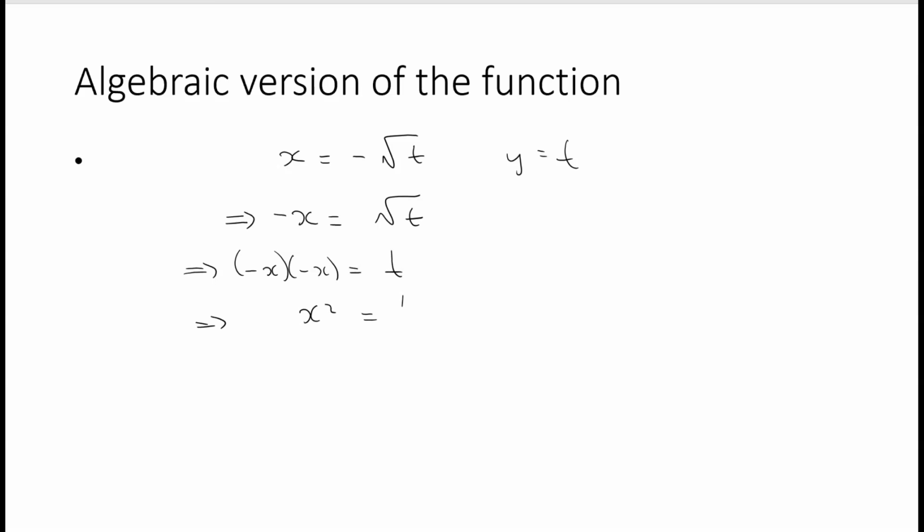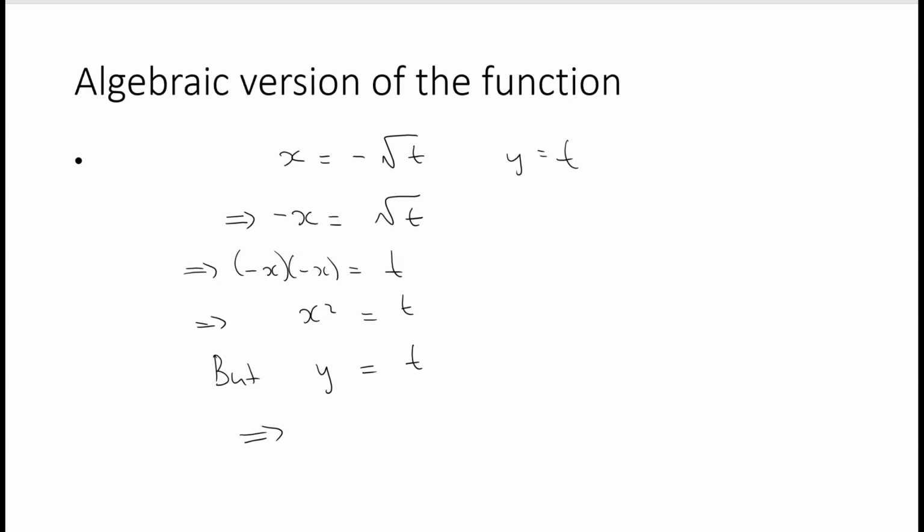So we've got x equals negative root t, y equals t. That's what we had. Now, using the left hand side, multiplying both sides by negative 1 and squaring both sides, and just tidying that up a bit. But we know that y equals t.